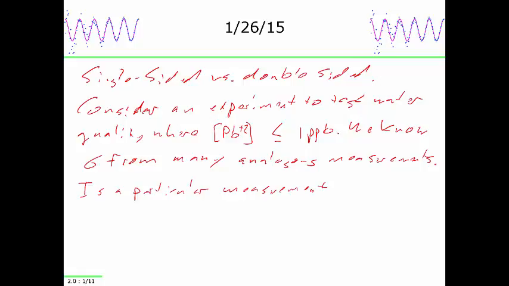And is a particular measurement of water quality within or without that 95% of the anticipated value? Is a particular measurement statistically significant in terms of the amount of lead identified?